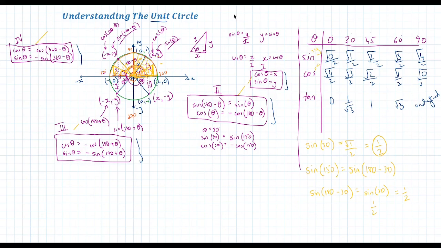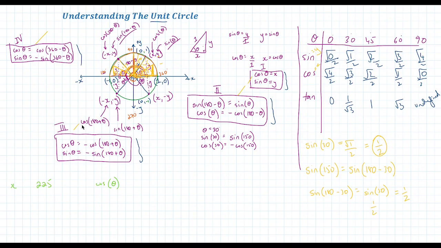Let's do another one. Say I want to find the x component of the line at angle 225. So say I've got a line here. Well, I know the x component is the same as cos of theta, and it's in this quadrant because 225 is greater than 180 degrees but less than 270.